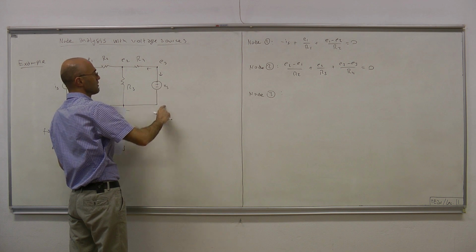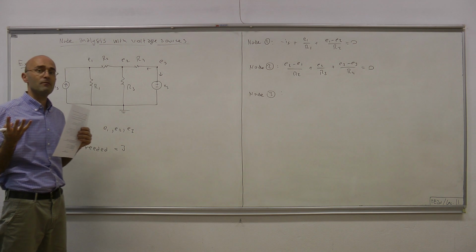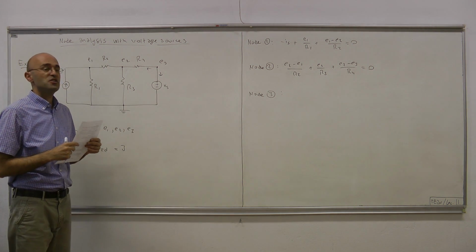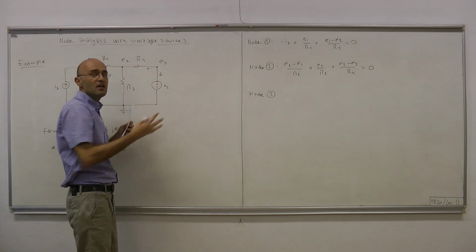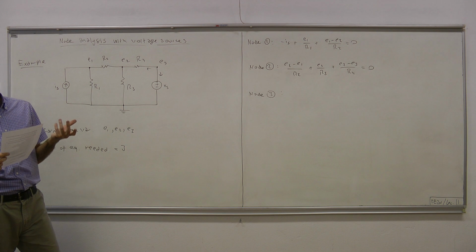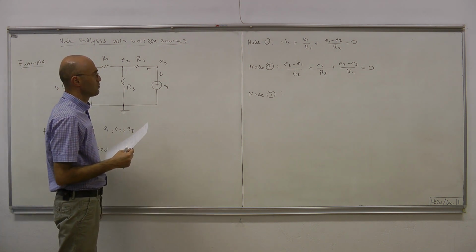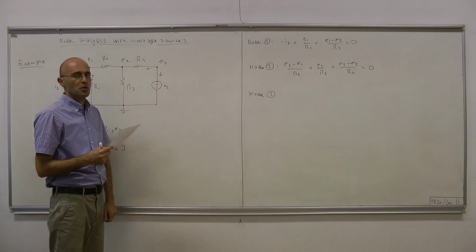But this current, since this is not a resistor, we cannot use Ohm's law. Since it's not a current source, we cannot directly see the current. It's a voltage source. Therefore, by just looking at it, we cannot express the current in terms of the node voltages. So that's the problem that's caused by the voltage sources.